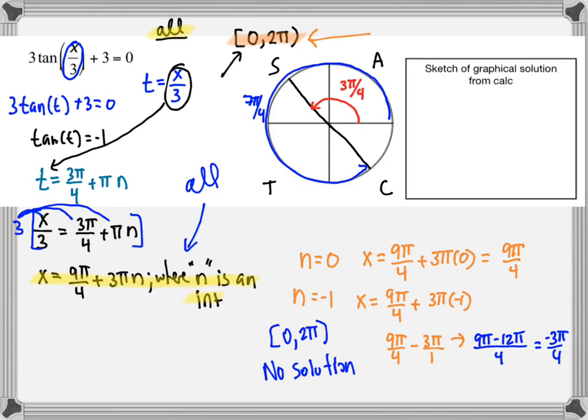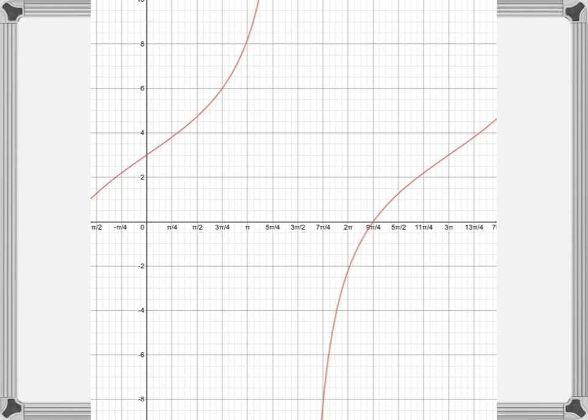To show that graphically, I just generated a Desmos graph, and I cut off the other one that was over here. You can see from 0 to 2 pi we have nothing going on there, because we wanted all the values that generate 0, like an x-intercept, and we don't have any.